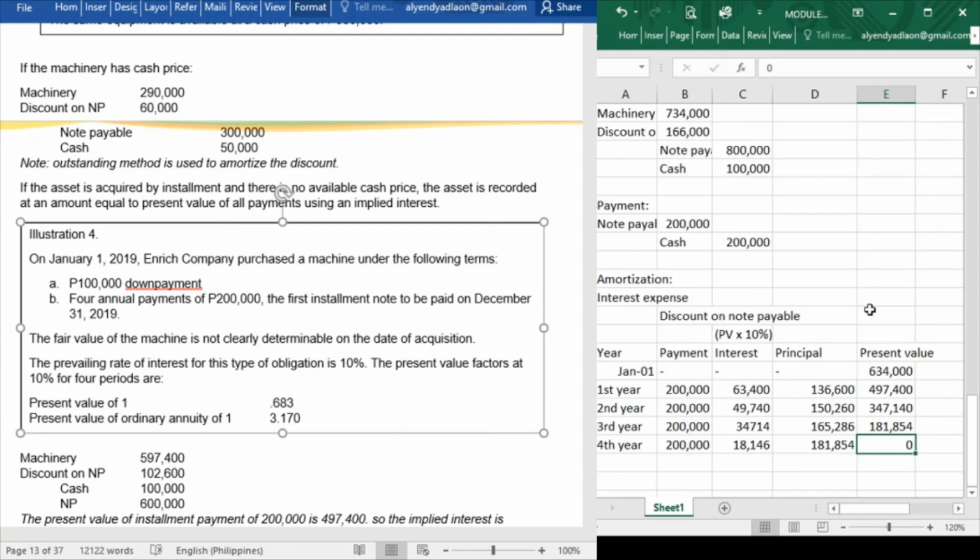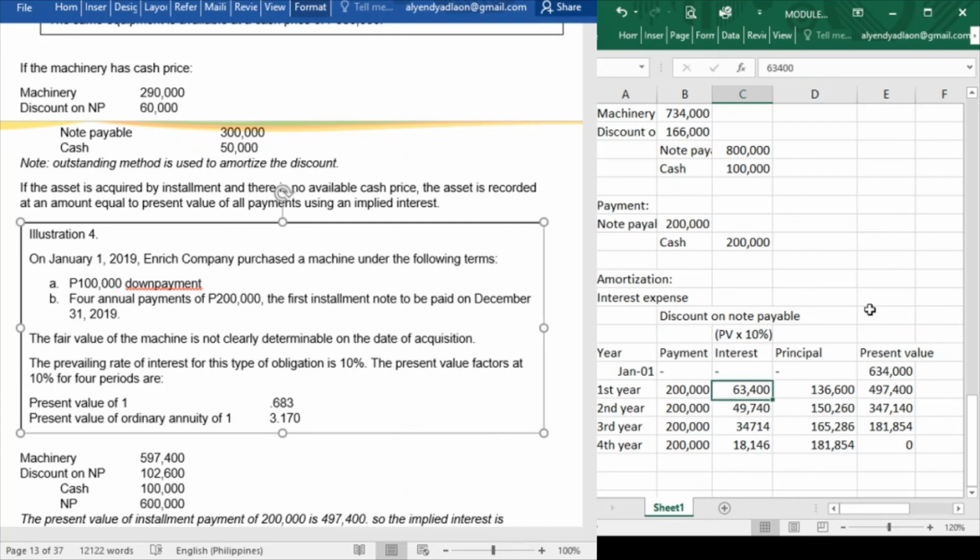But the thing there is that the result is not really zero, but it is very close to zero. So that's why we just work it back to get the zero. Okay. And then, so this is our amortization table.